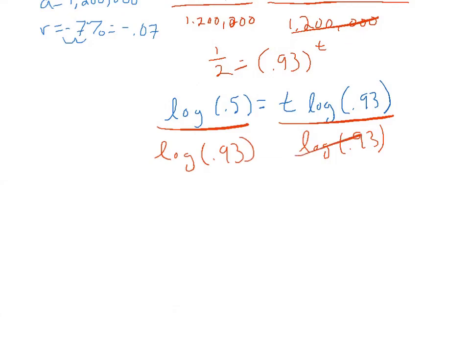When I do that, these will reduce, and I have t is equal to the log of 0.5 divided by the log of 0.93. And when I do that, that gives me 9.55. So that tells me it'll be almost 9.5 years. 9.55 years until I harvest half of the trees at that rate.